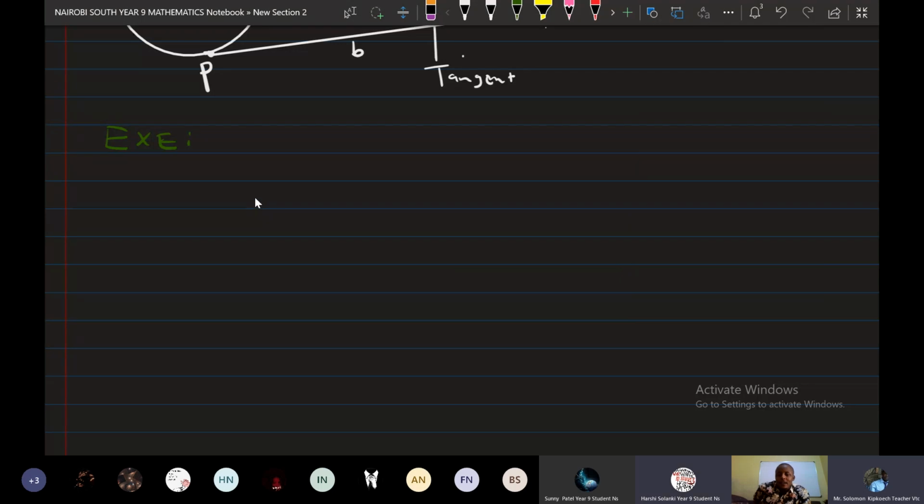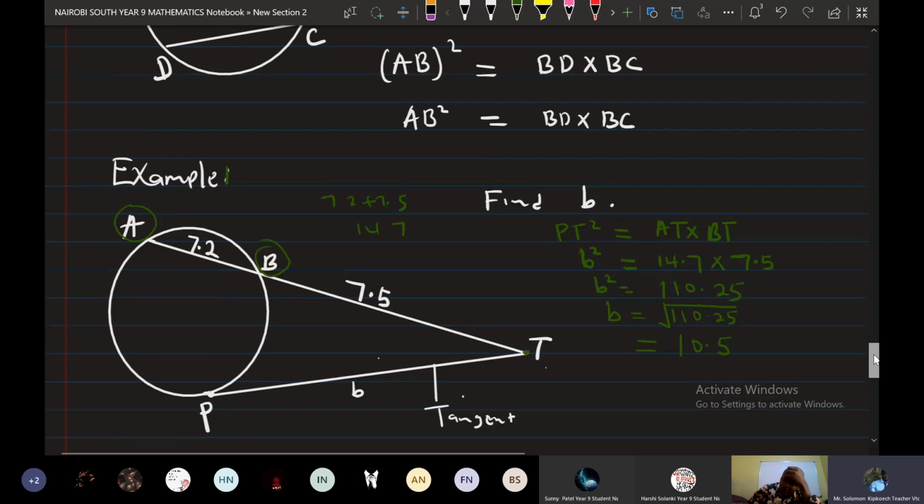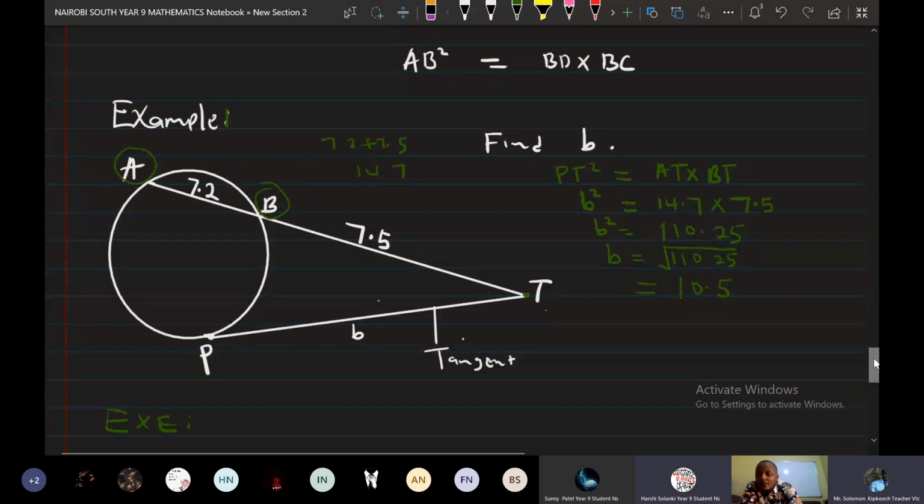I think you can give them 2 minutes so that they copy if they have not copied. Whoever has not copied, you talk. Let's not move fast. Yeah, copy that.